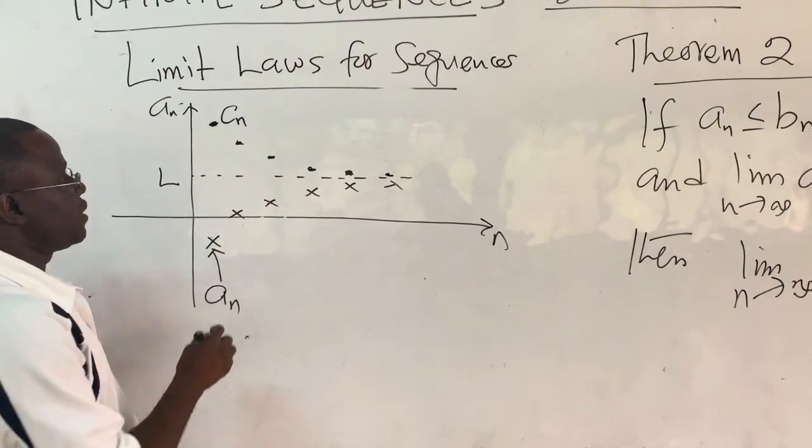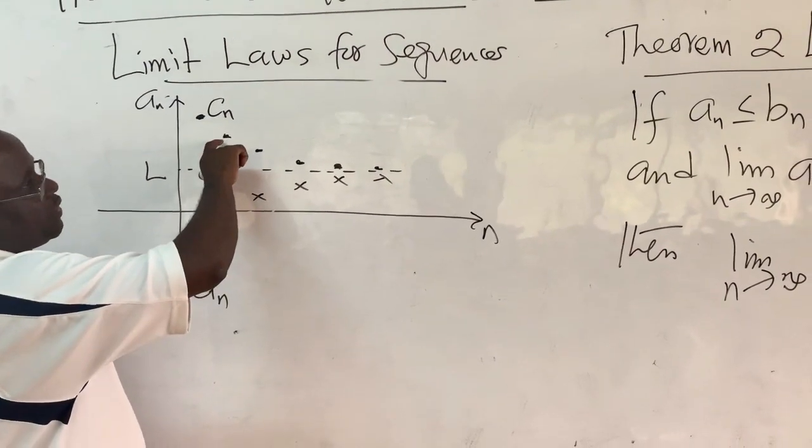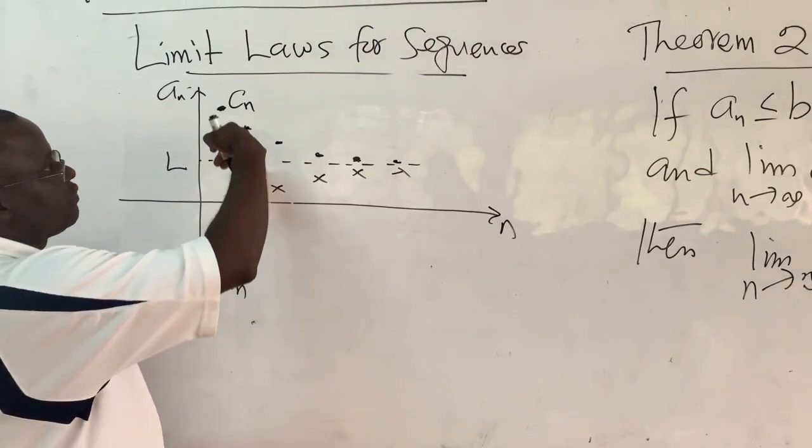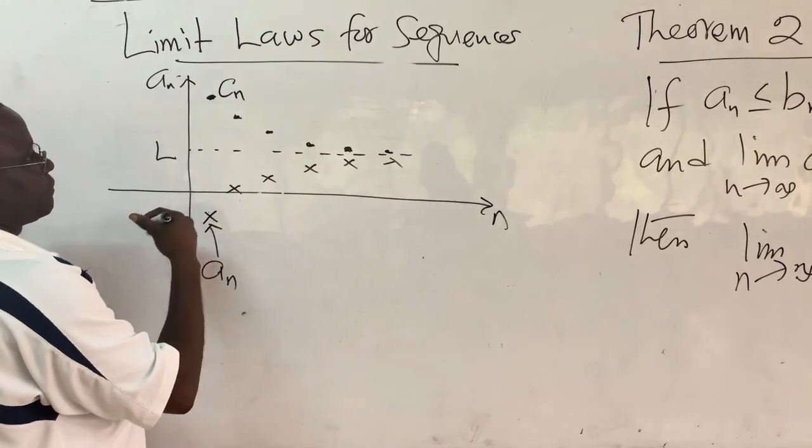And there is a third one that is in between these two. The value of Bn, for each n, always lies between that of An and Cn.